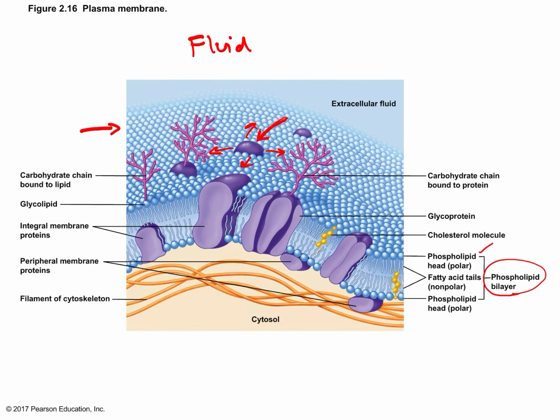Our heads are going to face the external environment because it's watery. The inside of the cell is also watery, so the heads on the second layer are going to face inside the watery compartment of the cytoplasm or the cytosol.